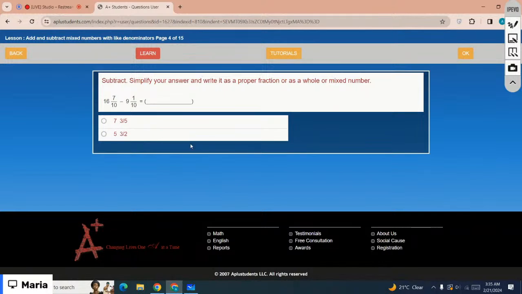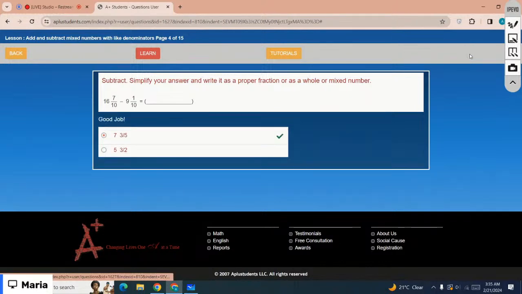That is 17 whole 3 over 5. Option number 1 is the correct option.